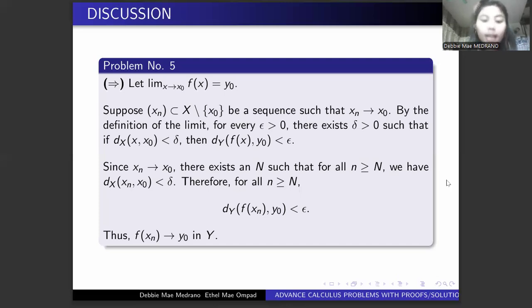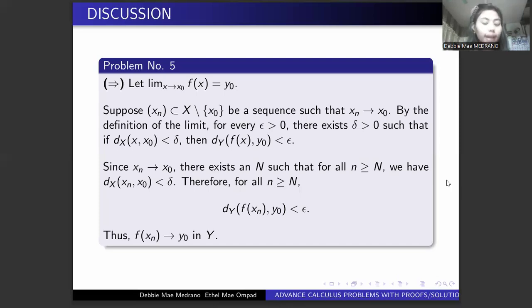Yes, it's delta. Then such that if d_X(x, x_0) is less than delta, then d_Y(f(x), y_0) is less than epsilon. Since x_n approaches x_0, there exists a big N such that for all n greater than or equal to N, we have d_X(x_n, x_0) is less than delta.